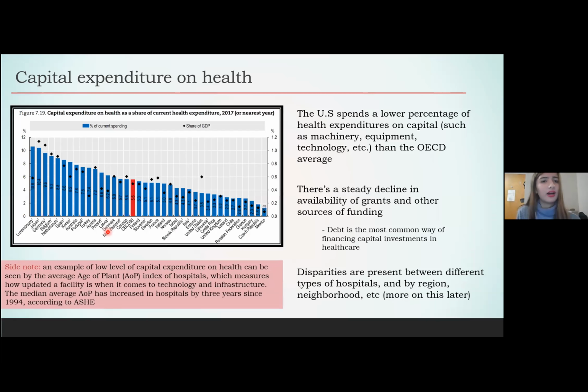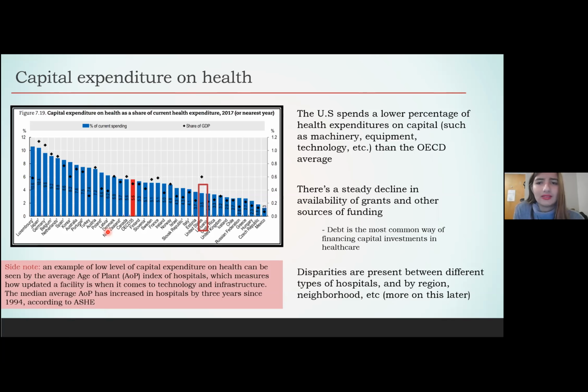And so when you look at another measure of how we're doing when it comes to our healthcare infrastructure, which is capital expenditure on health. So this is machinery, which is like how we can keep up with the demand of healthcare, or technology or things of the sort. You can see that the US doesn't spend that much on capital expenditures in health.